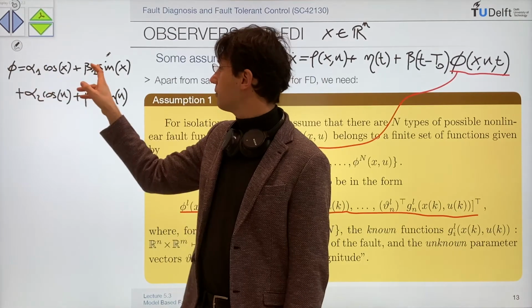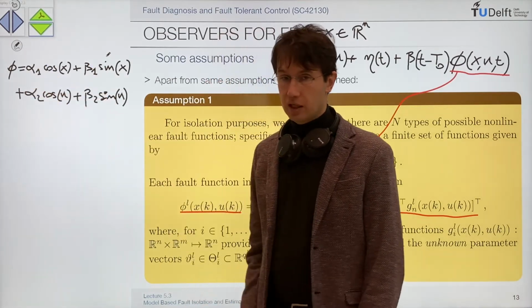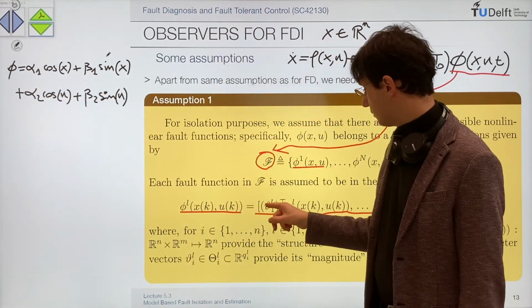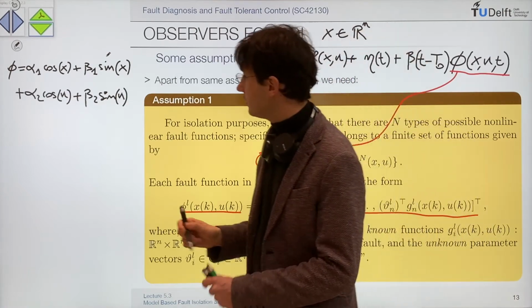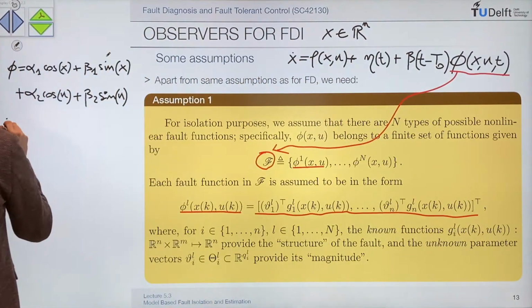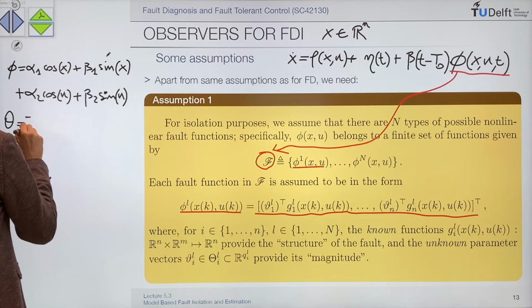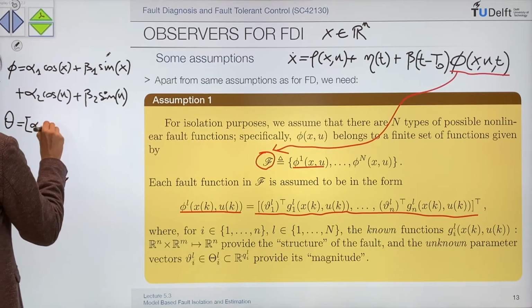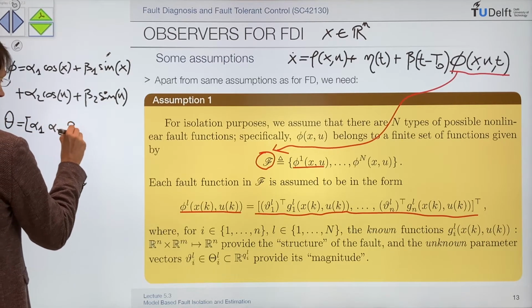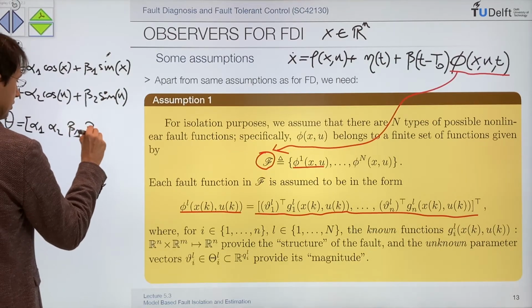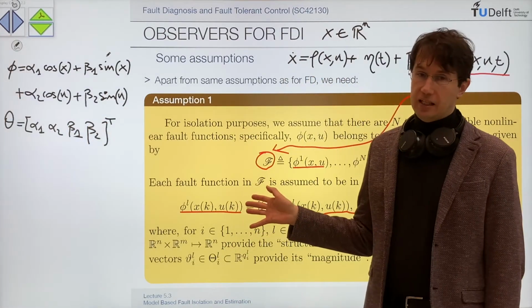And these alpha 1, beta 1, alpha 2, and beta 2, they are going to end up here. So the parameter theta, in this case, would be alpha 1, alpha 2, beta 1, beta 2. So this is the idea.